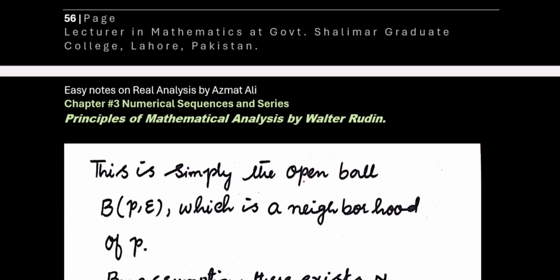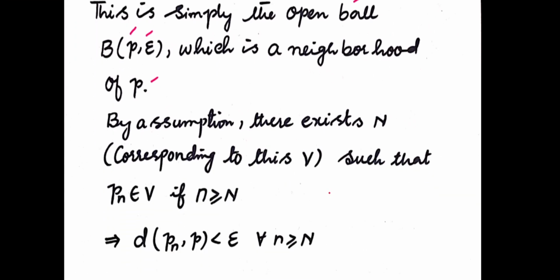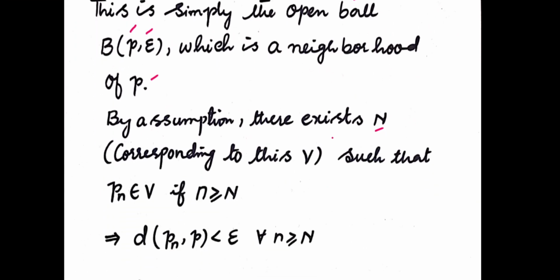This is simply the open ball B whose center is at point P with radius epsilon, which is a neighborhood of point P.